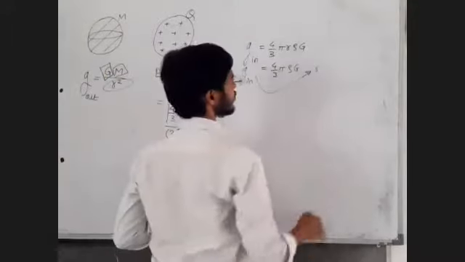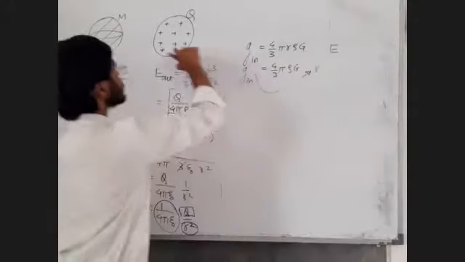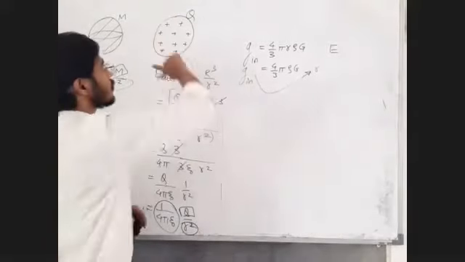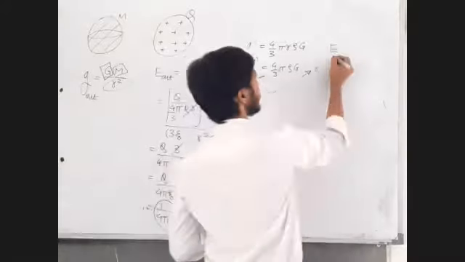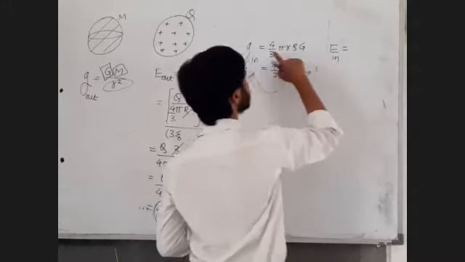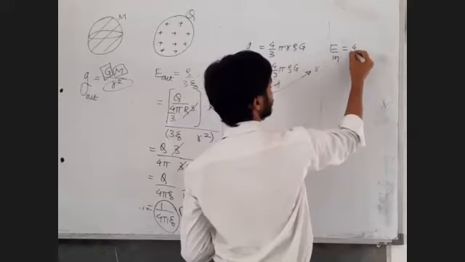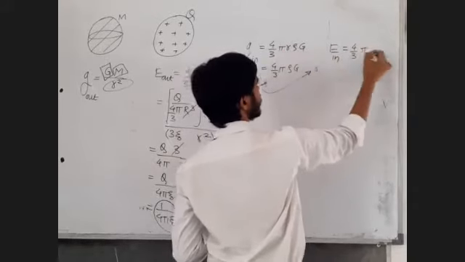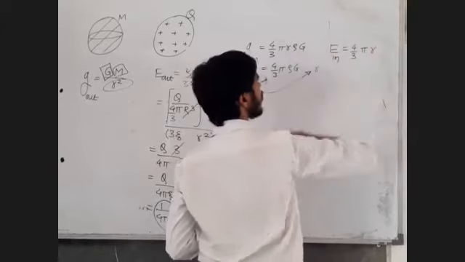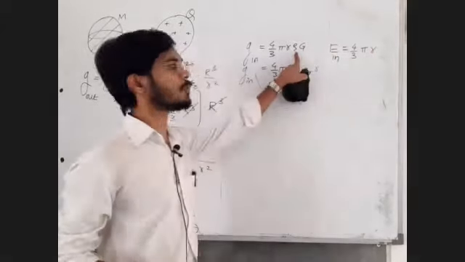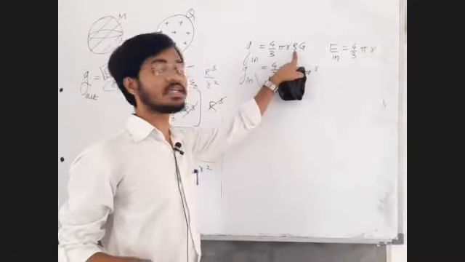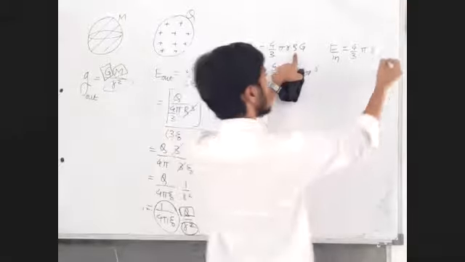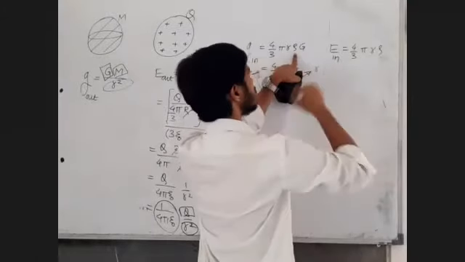Similarly, for the electric field inside, of course, charge should be distributed inside the volume, not only on the surface. In that case, what is the inside electric field? 4 by 3 analogy is 4 by 3, pi analogy is pi, r analogy is r. Rho is density, mass per unit volume. Here rho is charge per unit volume.